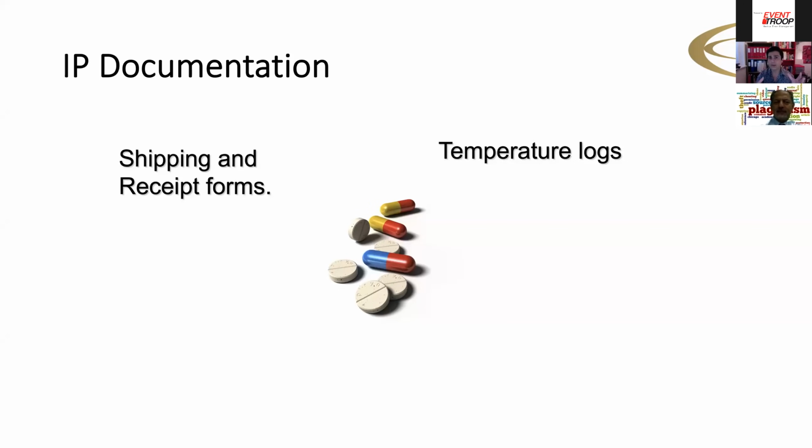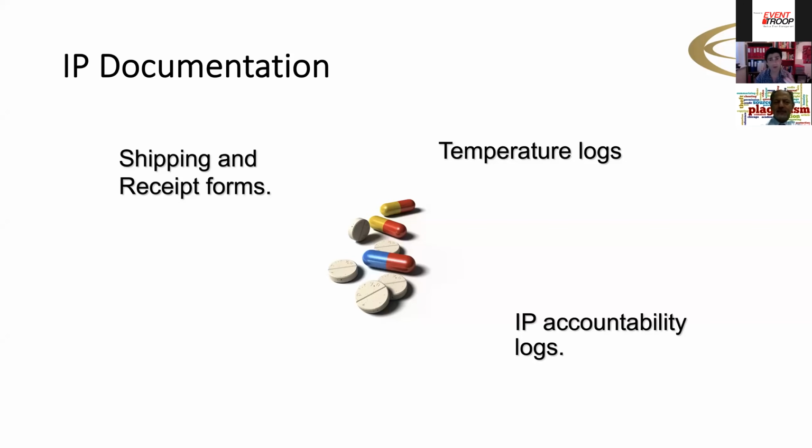And they actually have alarms on the freezers. So if, for example, the temperature falls below a certain value, the pharmacist is alarmed that the temperature is going down. This is really good practice, and I think it's part of standard practice in a lot of institutions. So you have temperature logs.